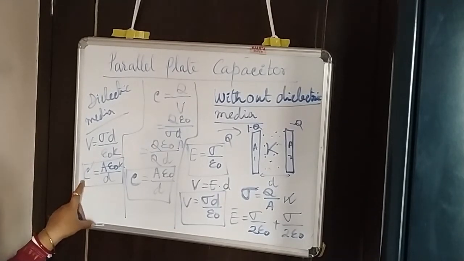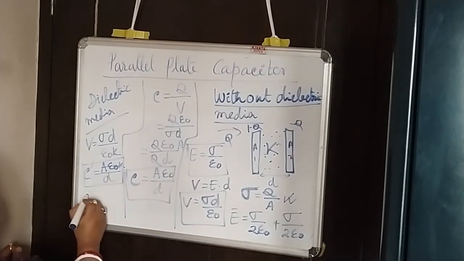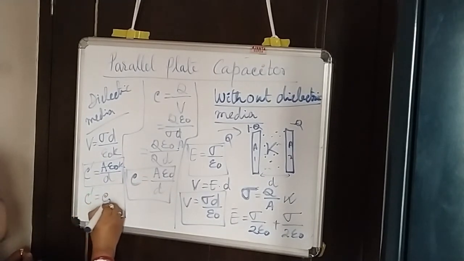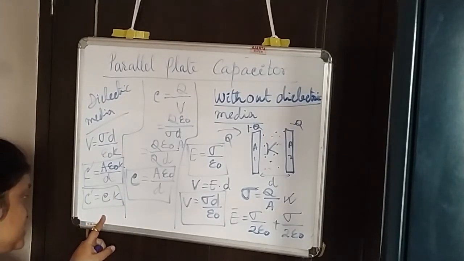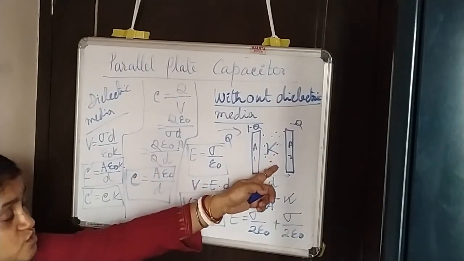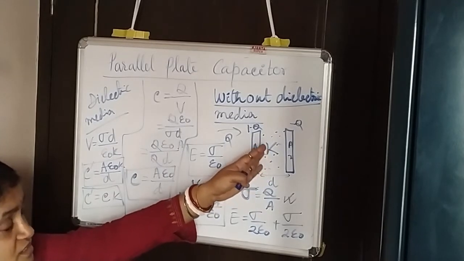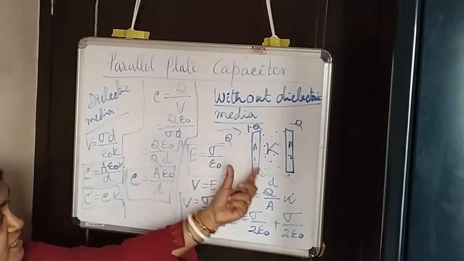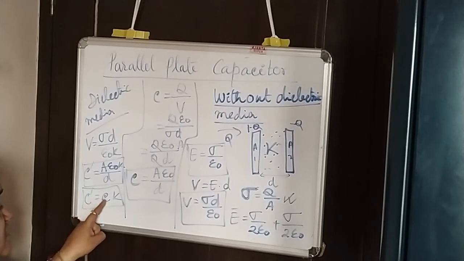What we see is that there is a difference: C dash is nothing but C into K. So if we have inserted a dielectric medium with a constant K, then the capacitance of this capacitor also increases by a factor of K. That's how C dash is C into K.